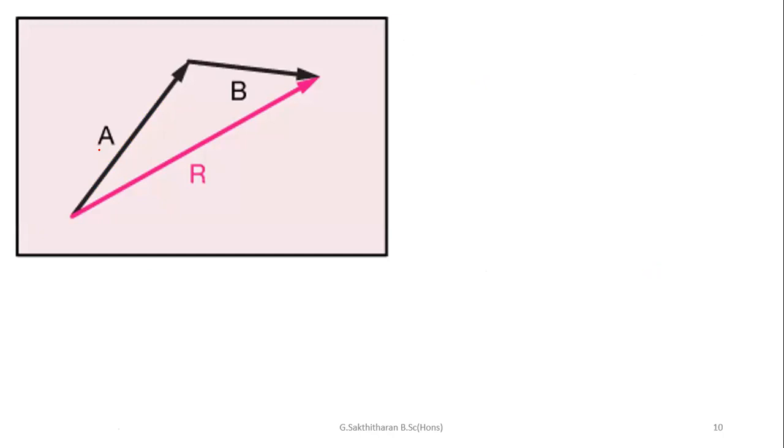So here also vector A and vector B. Now we can get the resultant direction of this point to that point. So the resultant is vector A plus vector B. This is the resultant.